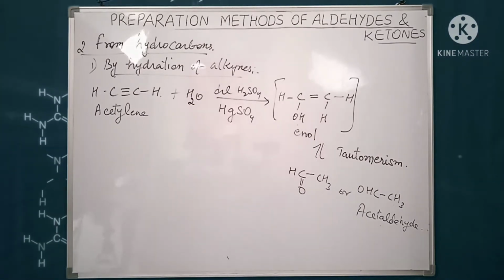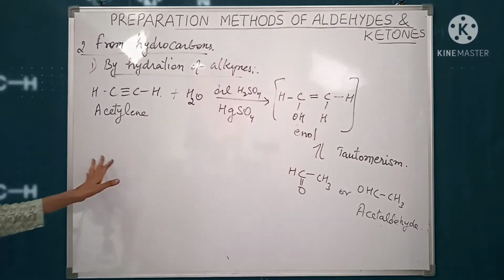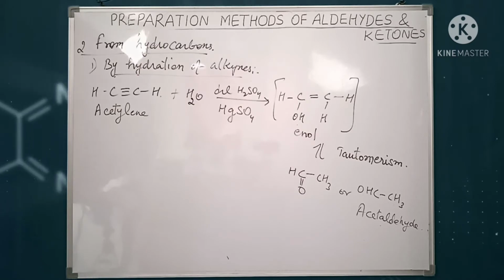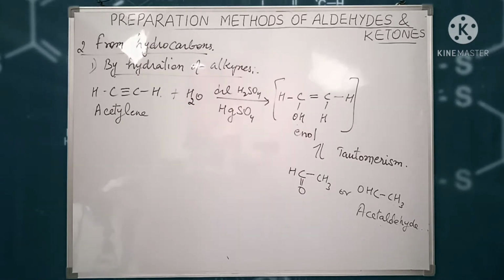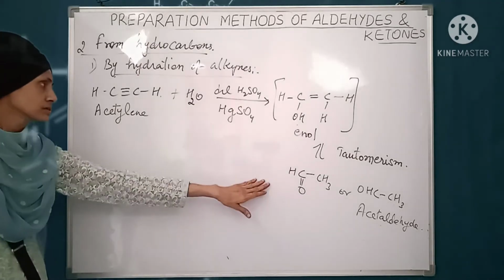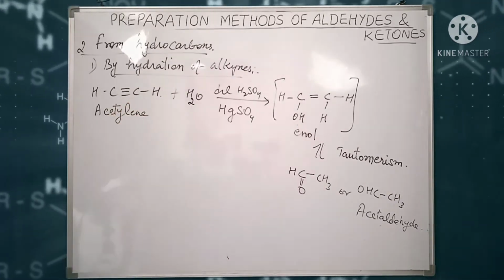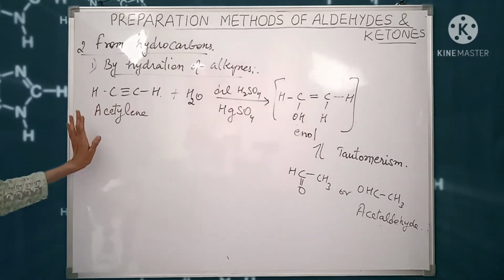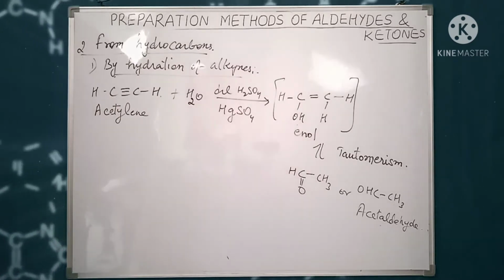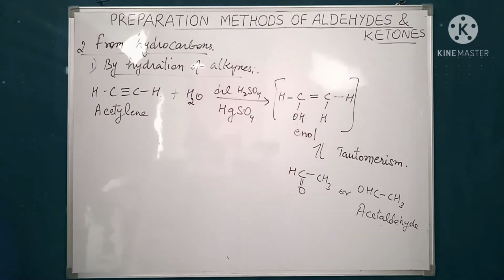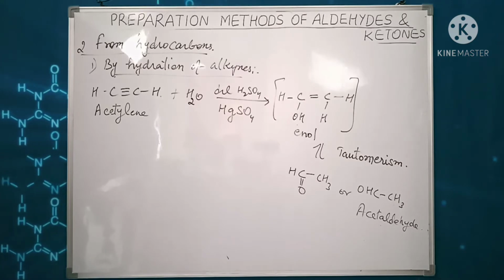So starting with alkynes, we can get both aldehydes and ketones, but the method to get an aldehyde is starting with acetylene. All other alkynes will give ketones. There is only one alkyne, acetylene, which gives an aldehyde.